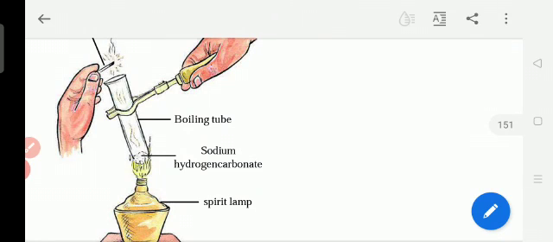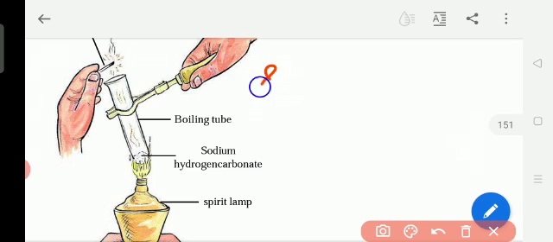So in this reaction, one single reactant breaks down to give two or more products, it is called as a decomposition reaction. If the breaking is taking place through the heat, thermal means heat. Through the heat if it is taking place, it is called as a thermal decomposition reaction.